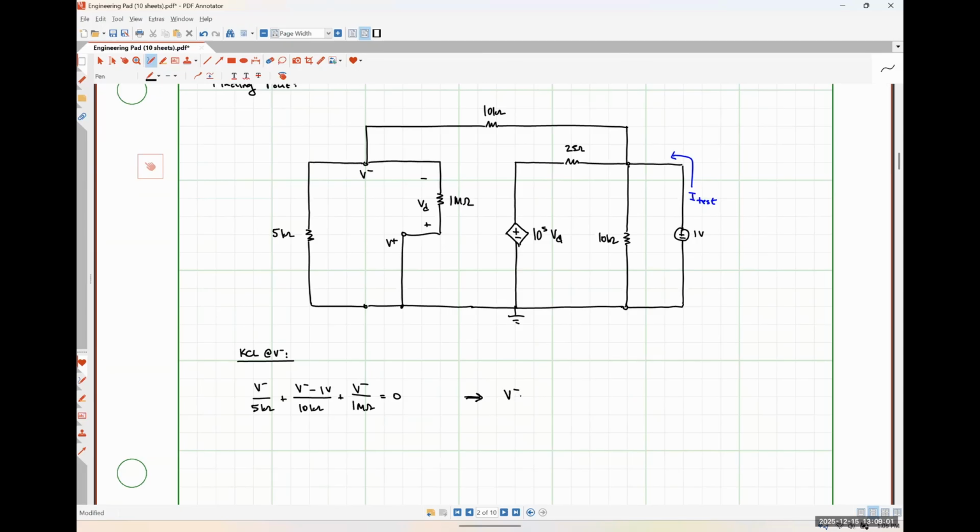And in doing so, I'll get V minus is equal to 0.322 volts.